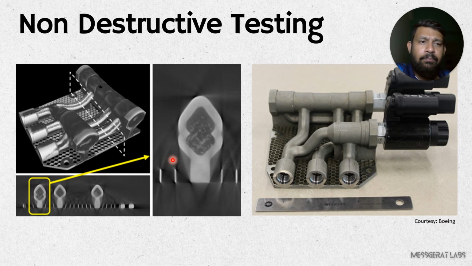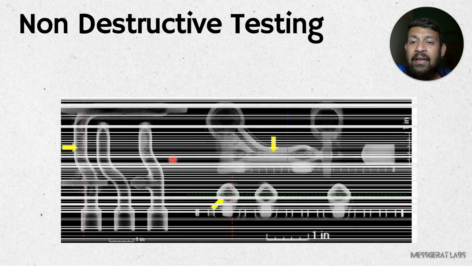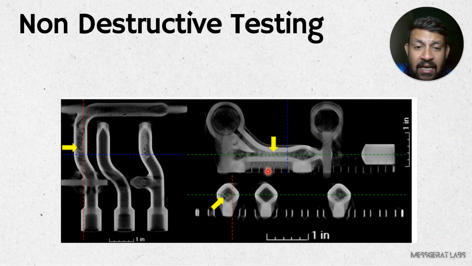X-ray is a very affordable technique, but you get to know cracks and pores only larger than 0.05 or 0.1 mm inside the part, whereas in CT scan you can find defects which are even smaller than 0.05. Here, this is again a CT scan image of the same part but taken from a different angle.